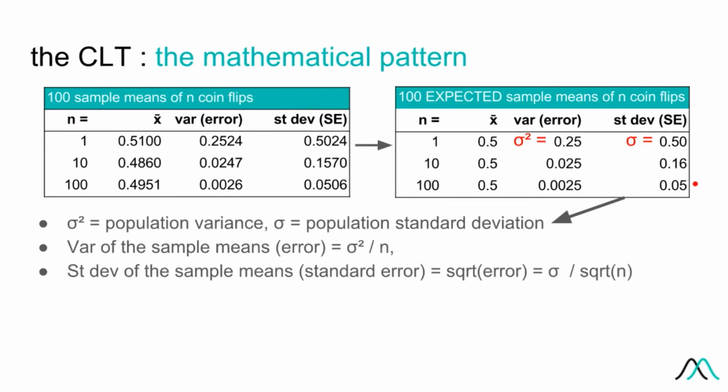Remember the empirical rule then, which says that 68% of anything normally distributed will fall within one standard deviation of the mean. So for a normal distribution of sample means of 100 flips, 68% of the time, about 2/3 of the time, the sample mean, the proportion of tails, will be between 0.5 plus or minus 1 times the standard error, 0.05.